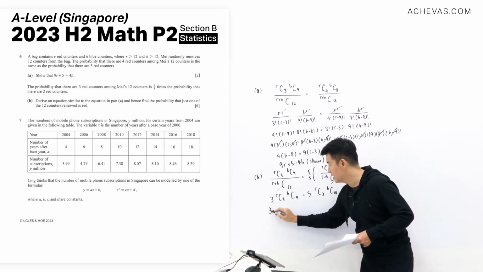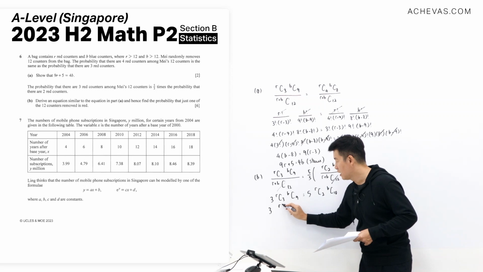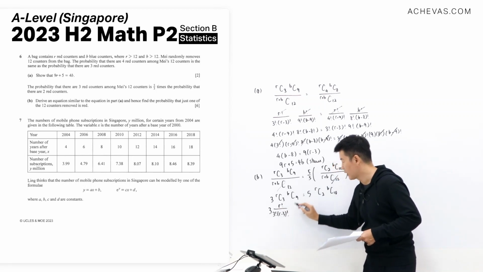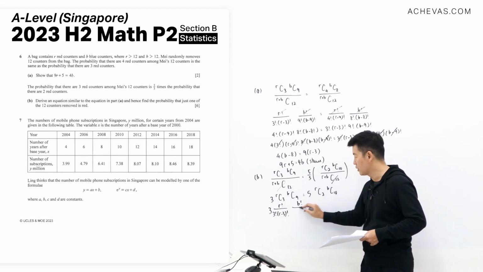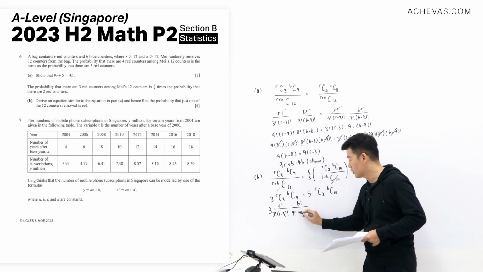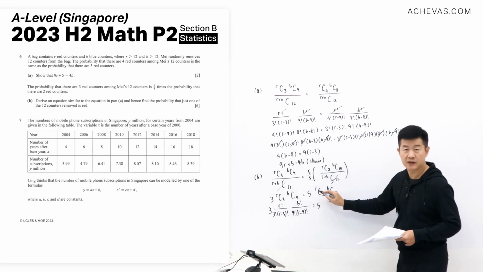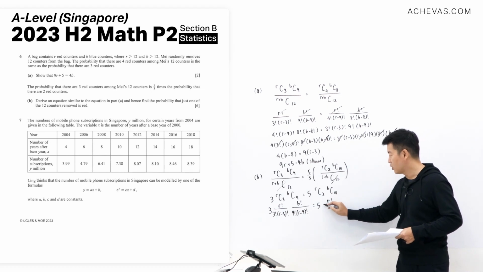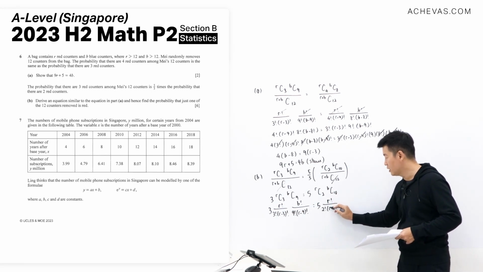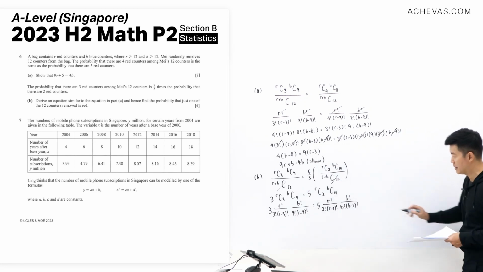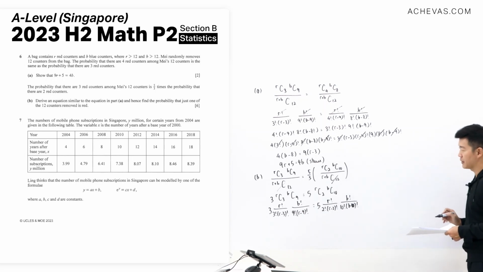It's going to be 3 times R factorial over 3 factorial, R minus 3 factorial, times B factorial over 9 factorial, B minus 9 factorial. This is 5 times R factorial divided by 2 factorial, R minus 2 factorial, times B factorial over 10 factorial, then B minus 10 factorial.